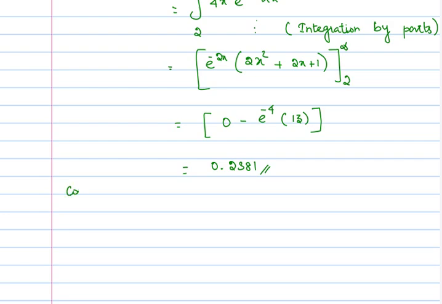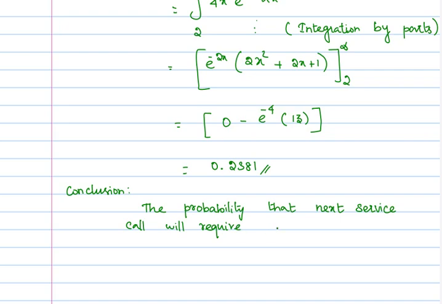The conclusion: the probability that the next service call will require at least 2 hours to repair a TV is 0.2381. So that means it is 23%.